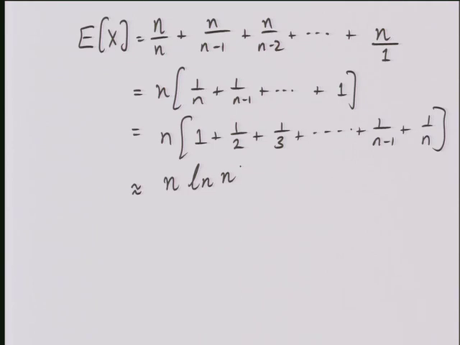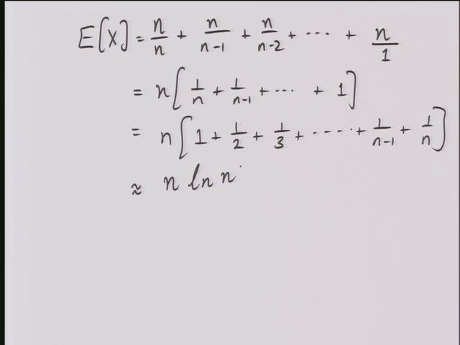Now, if you want to be convinced about this, it converges to log n very, very quickly. It converges to something like the natural log of n plus something like a half, or 0.57. For very small values of n, it's almost exact.